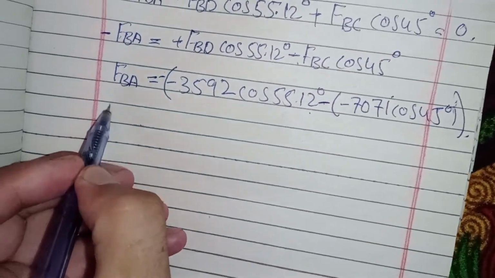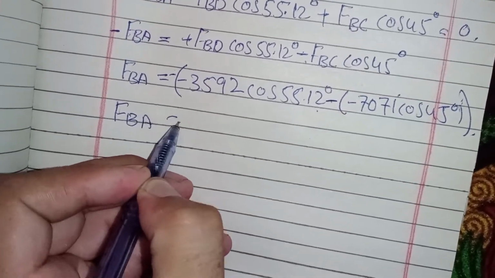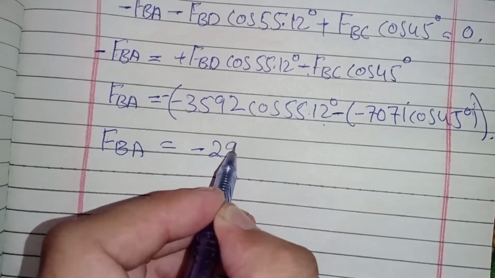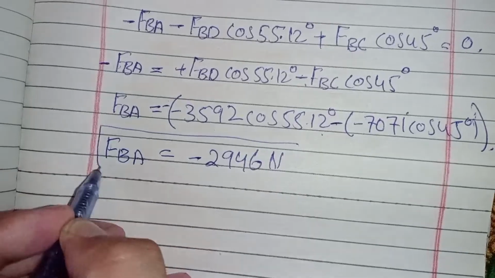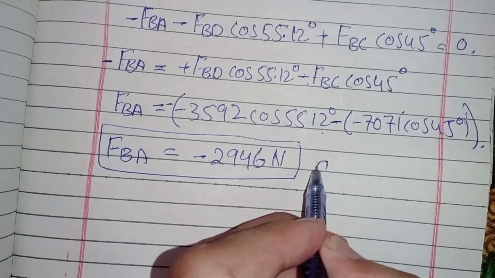If you calculate it on a calculator, FBA comes out negative 2946 Newton. Negative means that our assumption was wrong. It is in compression.